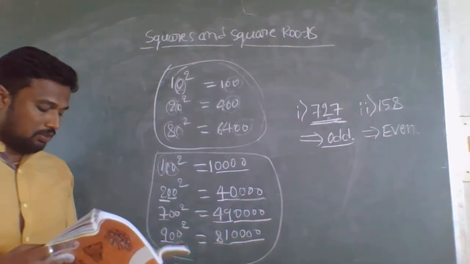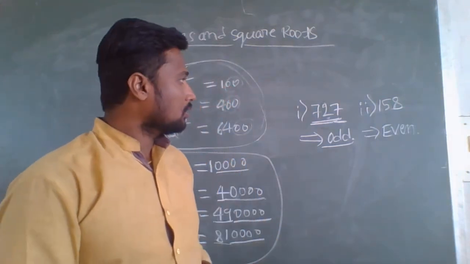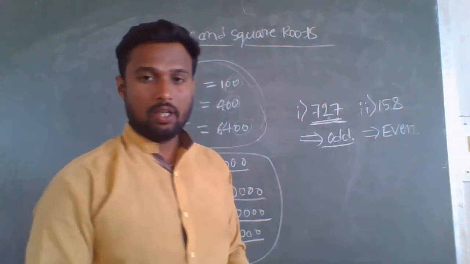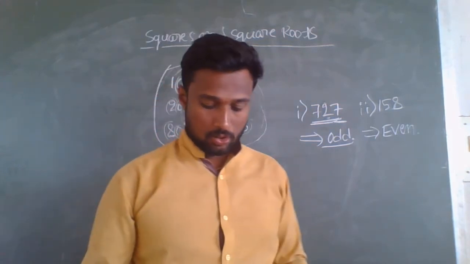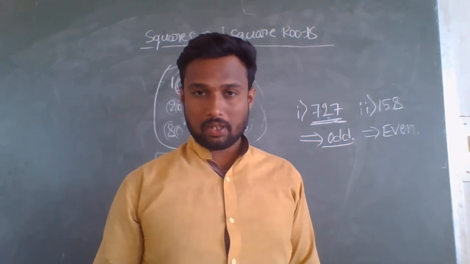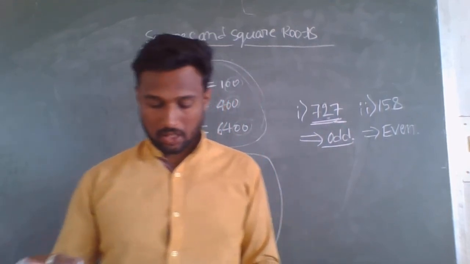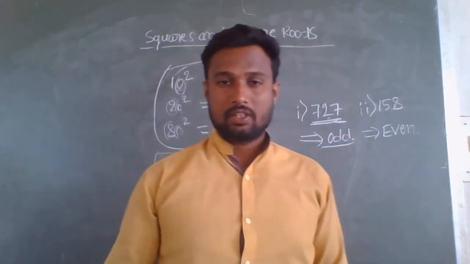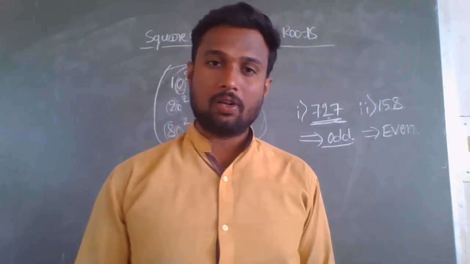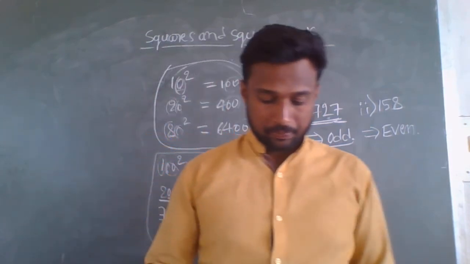Below this, in the second question there are 4 problems. I discussed the first 2, and again they have given 2 more problems: 269, which is an odd number, and 1980, which is an even number. So you can write whether the square value is an odd number or an even number by observing the given number.